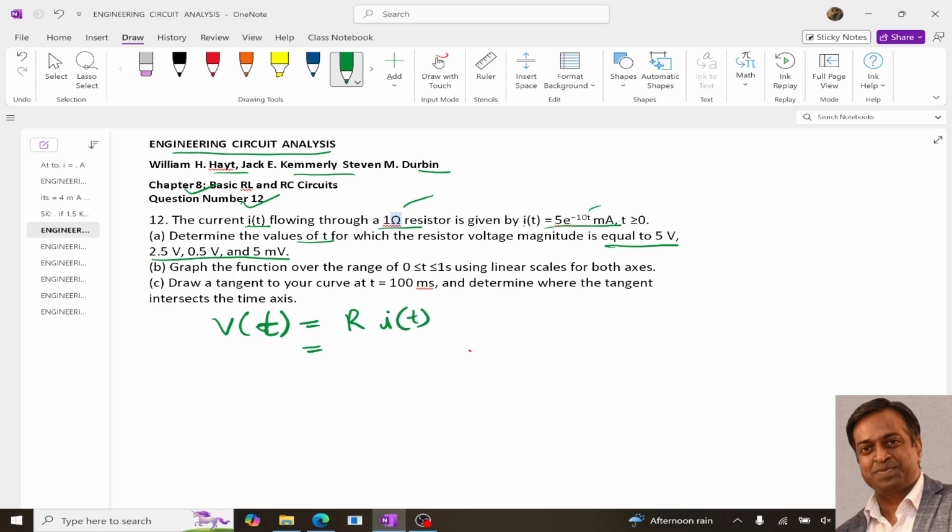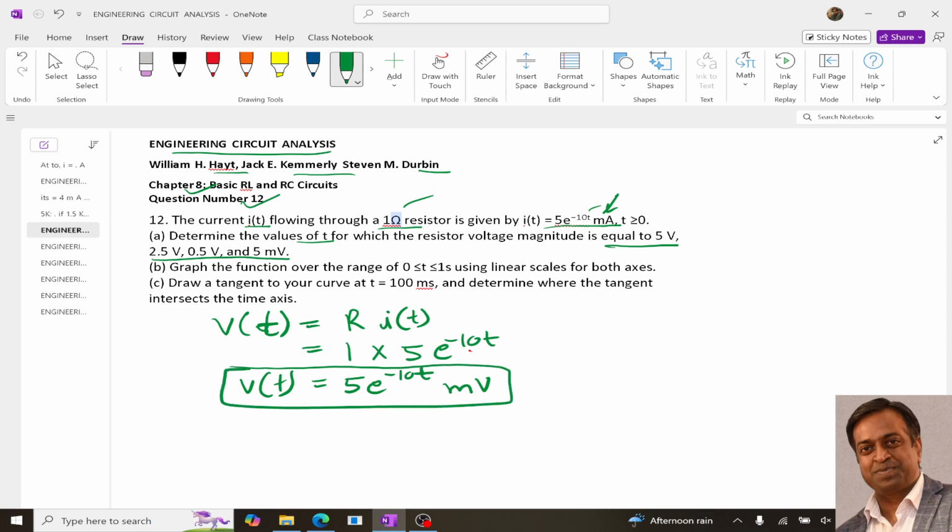R is 1 kilo ohm, so 1 times 5 e to the power minus 10t is equal to 5 e to the power minus 10t. Since the current is in milliampere, this will be in millivolt, because our resistance is in ohms and the current is in milliampere, so v(t) will be in millivolt.